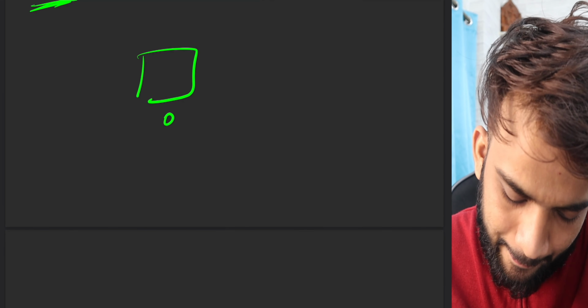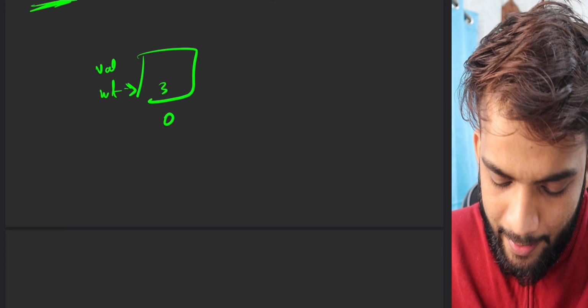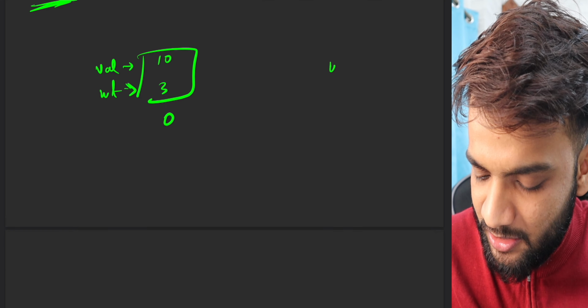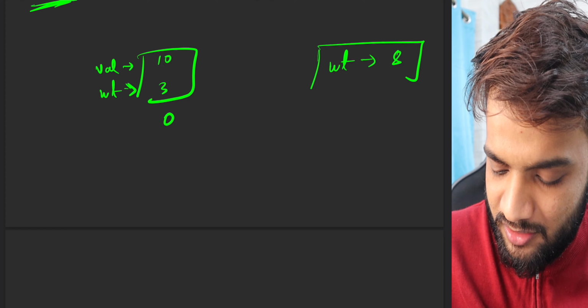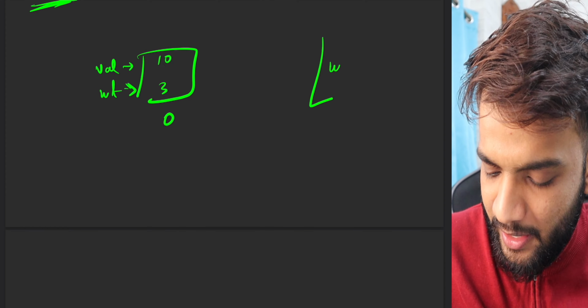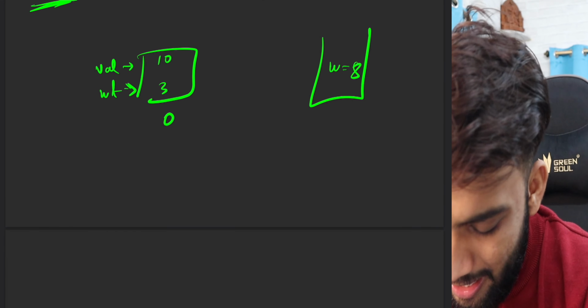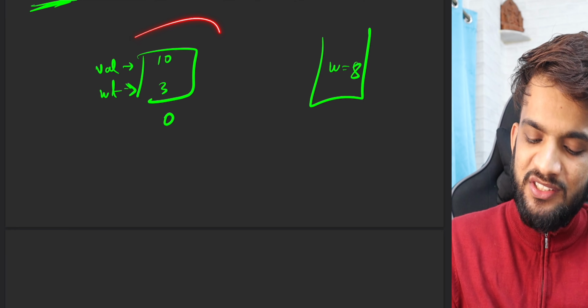This guy probably has a weight of 3, and a value of 10. And the thief still has a weight of 8 left, like the thief's baggage weight left is 8. If I ask you, how many times can the thief steal this item?